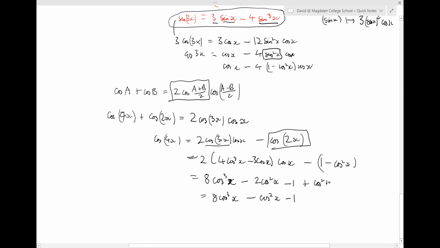So this is minus 6 cos squared x, and cos 2x is 2 cos squared x minus 1, so this becomes plus 1. This is better.